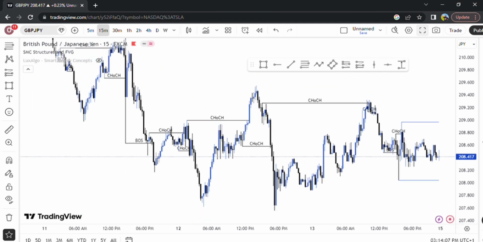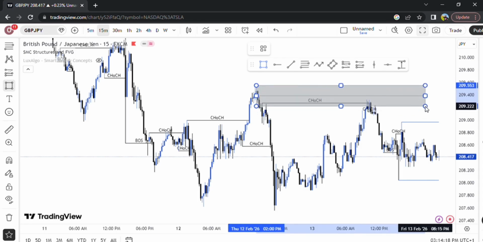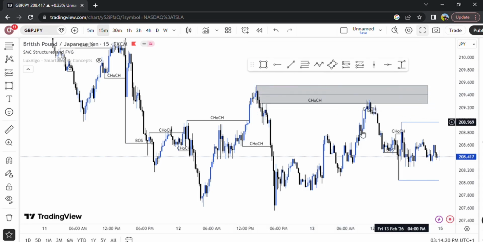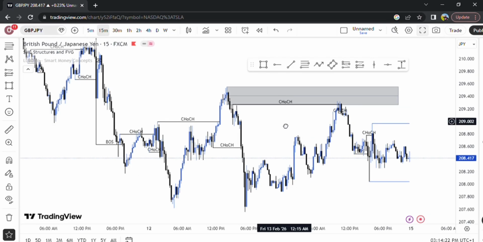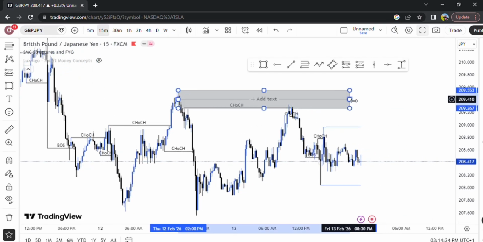This move here. Let me show you. I entered exactly here. All these are my entries. Yes, it was a sniper entry. I was able to catch this move.